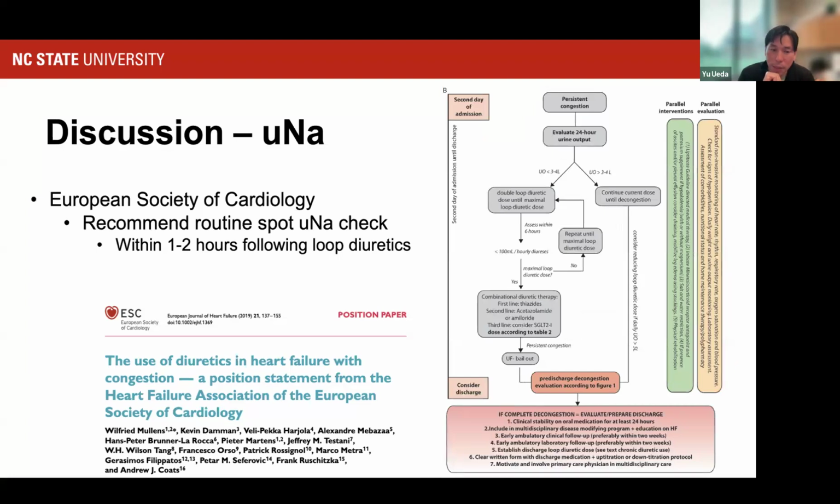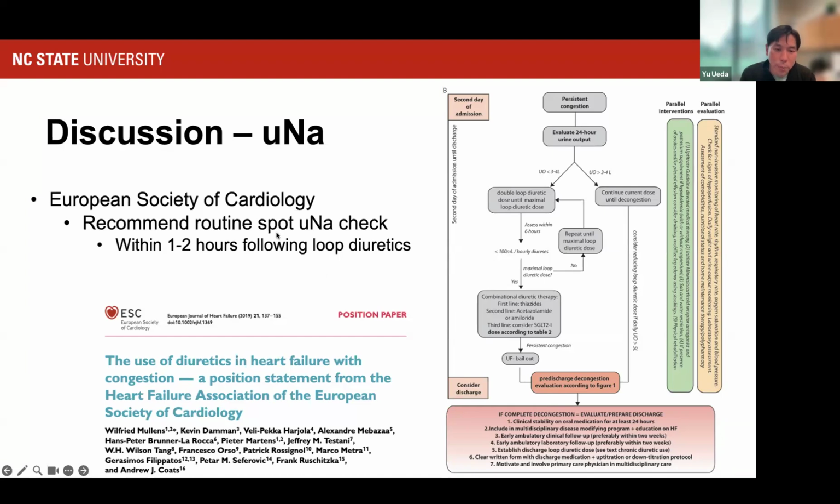Then based on that, if the patient is still not improving in diuretic response or natriuresis, they recommend adding another class of diuretics, such as acetazolamide or amiloride, which is an ENaC inhibitor, or giving a thiazide. If the patient has diabetes as well, they sometimes use SGLT2 inhibitors.